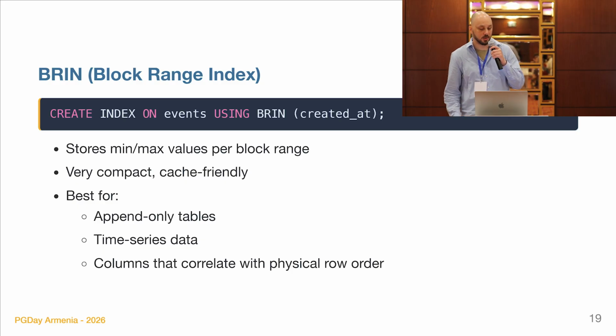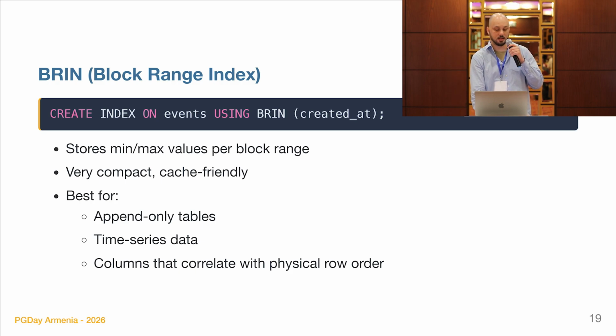So for example, if we have time series data, or some logs, and everything is always being appended to the table, we can be sure that we can use this block range index.